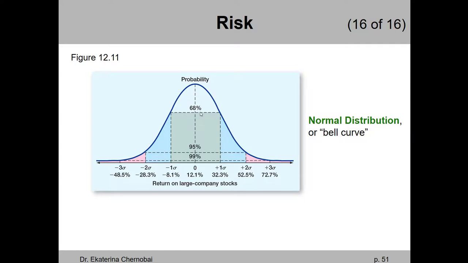Normally there's this peak somewhere in the middle, and what's below the peak and above the peak is less common, has a lower occurrence or lower frequency, and it's symmetric on both sides. That's the normal distribution. This is an example still on large company stocks.